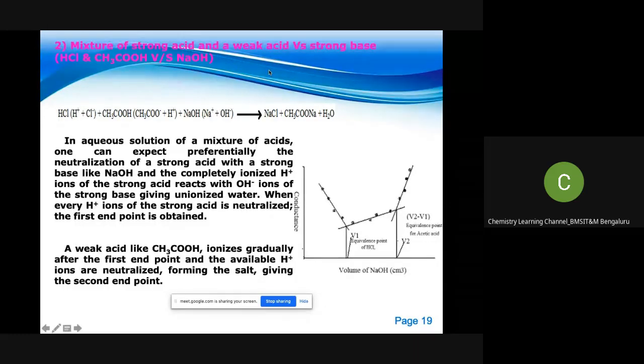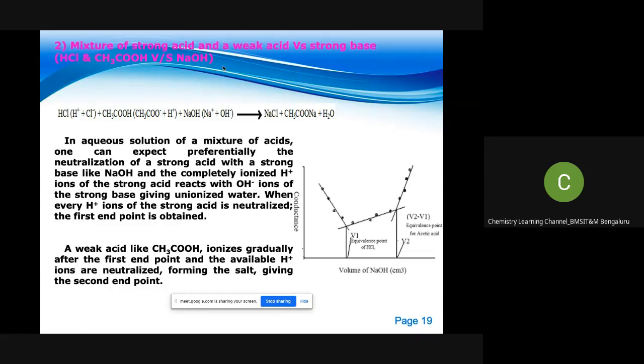So this is the reaction which we have to carry out now. So what you do, in beaker, the mixture is given. So dip the stirrer, dip the conductivity cell, connect it to conductometer, and in microburette, take the NaOH. So in beaker, we have acid, and in microburette, we have NaOH. Okay.